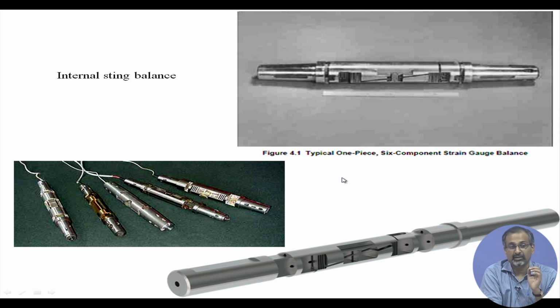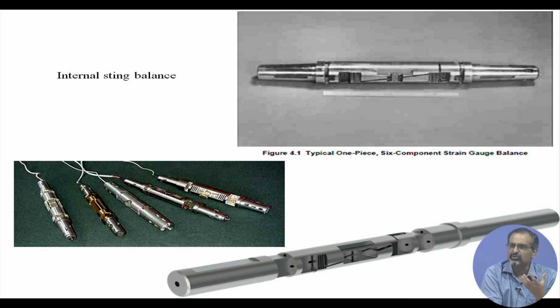Of course, the kind of steel or other metal that you are using is equally important, and the machining, how smooth the surfaces are where you are mounting those Wheatstone bridge circuits using those strain gauges, how you have laid them properly, and how the forces and moments are going to come onto those sections, how much deflection would be produced, and what would ultimately be the sensitivity of the balance.